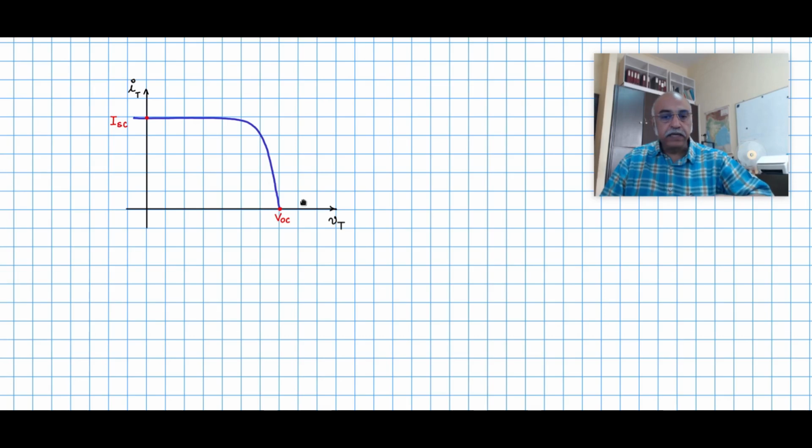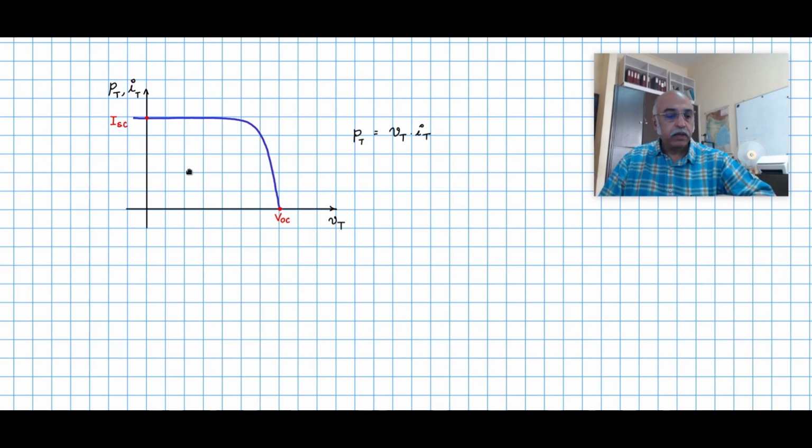So let us consider the power at the terminals, which is given by the product of VT, the terminal voltage, and IT, the terminal current. Let us see how this power curve looks with respect to VT. So on the x-axis we have VT, on the y-axis we have PT, the power. If we take this power, how does the power curve look?